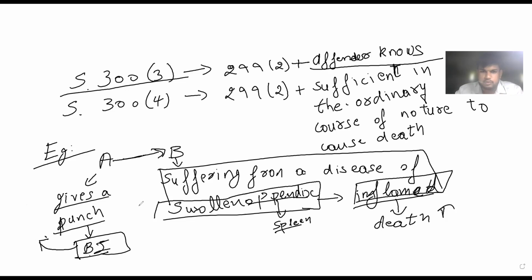Section 299(2) says with the intention of causing bodily injury. Once intention of causing bodily injury is proved, because he gave a punch, obviously he had the intention of causing the bodily injury. Now a medical expert will be called to say whether that bodily injury is likely to cause death.